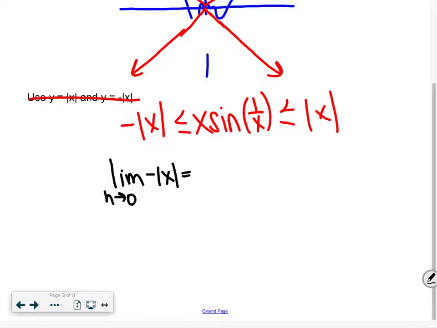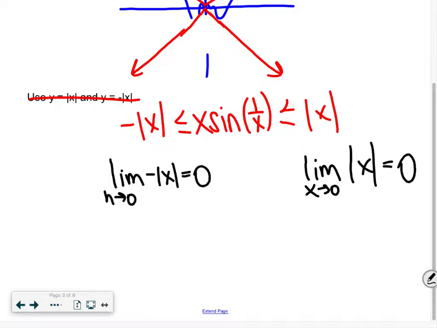As we approach 0, where's our y? At 0. What about the limit as x approaches 0 of the absolute value of x? Since those are the same, and this function is sandwiched in between, what must the limit towards 0 of this guy be? 0. As long as these limits match up, then the function in the middle must have the same limit, right?